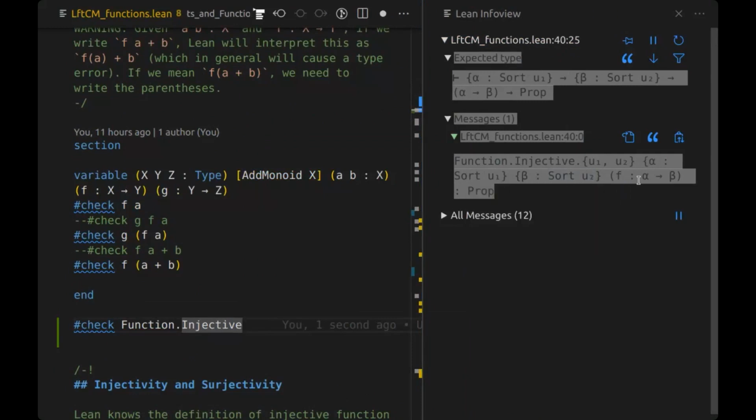And then for any function between these two sorts, you can define the property of being injective. So it's either type or prop, I guess. Yeah, just think of it as a type. So it's not restricted to the types x and y that we have fixed at the beginning. This is something that you can use for any type that you choose.